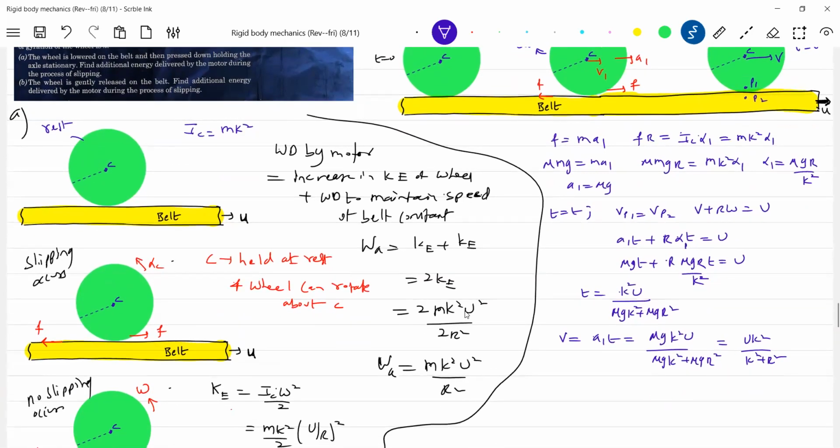Similarly, we'll calculate the omega. Mu g here also gets eliminated, so we'll get only U, I think, here: U R by k square plus R square.